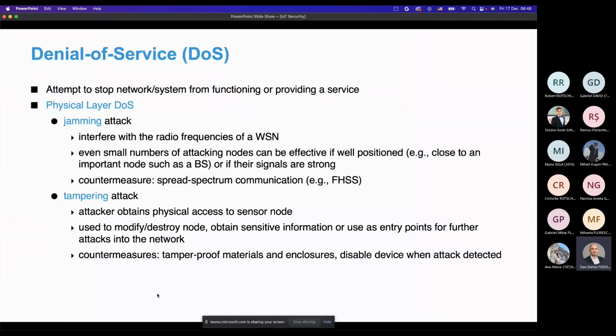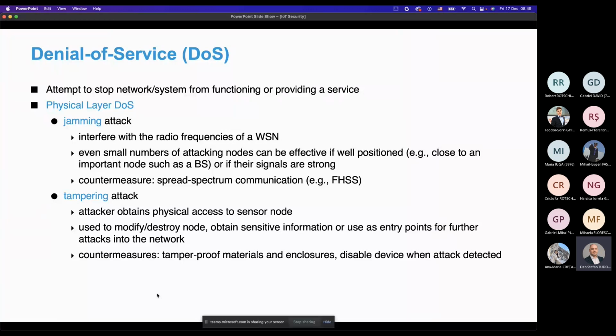In sensor networks, denial of service attacks can occur at various layers of the protocol stack. Some may affect multiple layers simultaneously or attempt to exploit interactions between them. So there are different flavors of denial of service attacks.